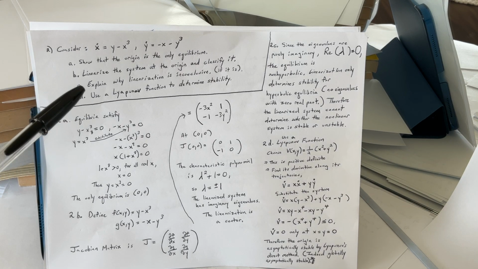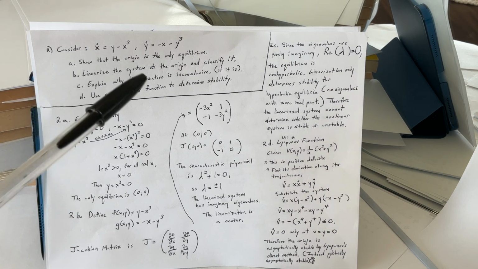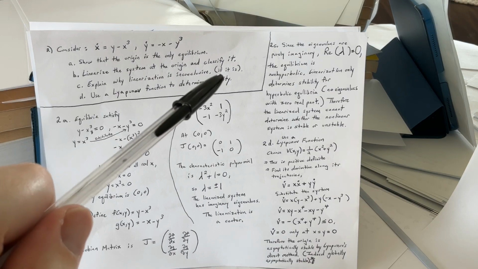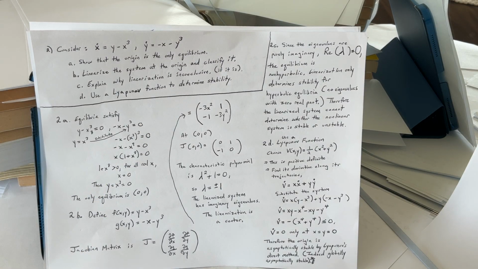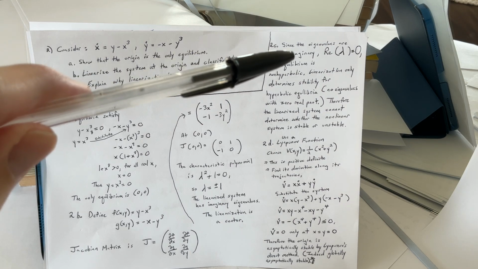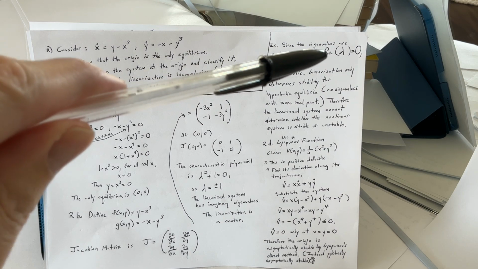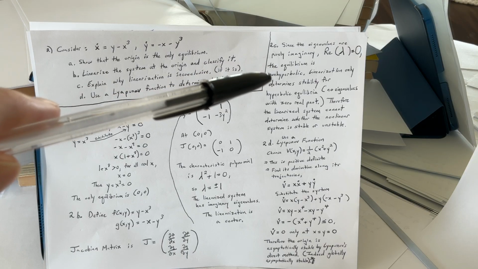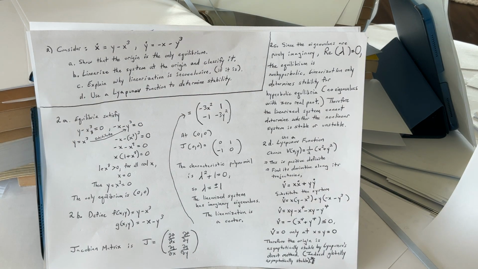That takes care of letter B. Letter C: explain why the linearization is inconclusive, if it is. Here's 2C. Since the eigenvalues are purely imaginary, what we can say about the equilibrium is that it is non-hyperbolic.